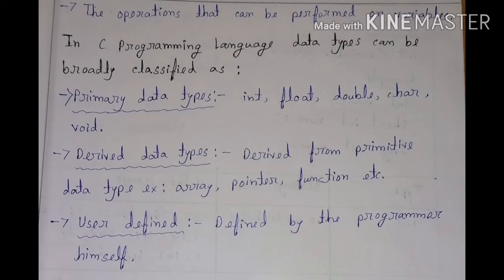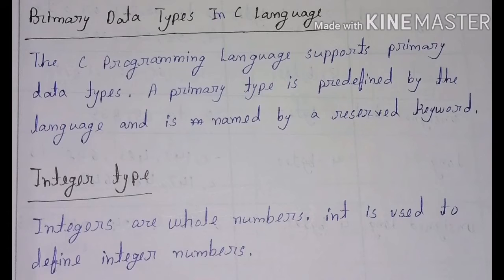Derived data types, which are derived from primitive data types, for example array, pointer, function, etc. User defined data types, which are defined by the programmer himself.